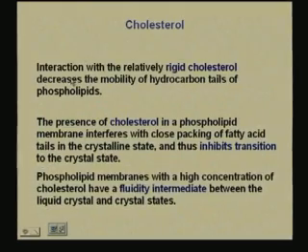Now, what happens is the interaction with the relatively rigid cholesterol. Why is it rigid? Because of the fused steroid nucleus. So, the interaction with the relatively rigid cholesterol decreases the mobility of the hydrocarbon tails of the phospholipids, because you recognize that the long fatty acid chains have a lot of single bonds to them.